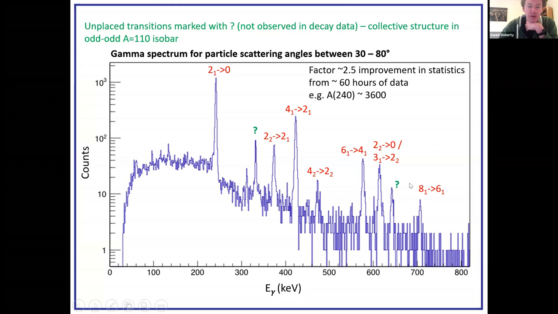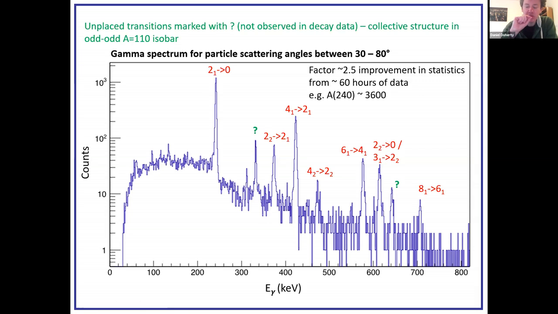Now, why this puzzled us so much is that we also took this very large amount of decay data, looking at the decay of the radioactive beam inside Gretina with the aim of measuring branching ratios and mixing ratios. And these two lines happen not to be present in this decay data. So it's only populated in Coulomb excitation, and is completely unknown to the nuclear database.